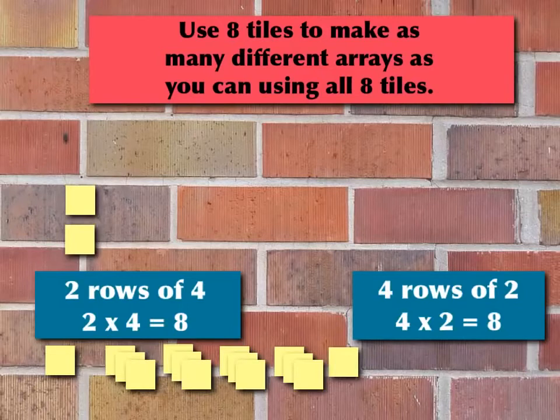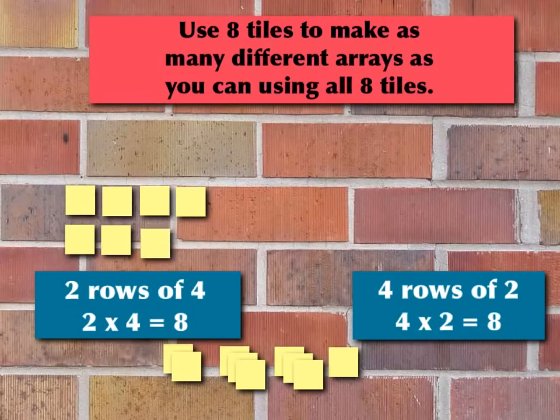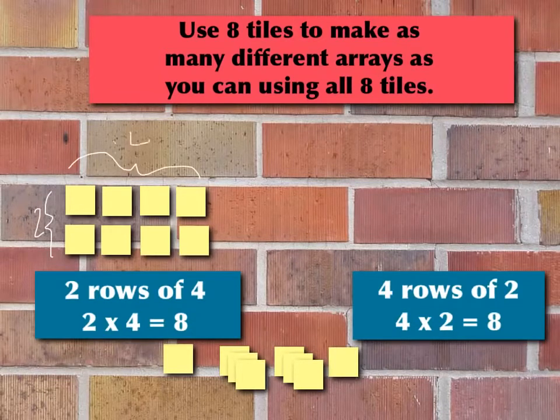So I'm going to have 2 rows and I'm going to have 4 tiles in each row. 1, 2, 3, 4. 1, 2, 3, 4. So right here I do have my 2 rows, and my 4 columns. Columns go up and down, and rows go left to right. 2 times 4 is 8.